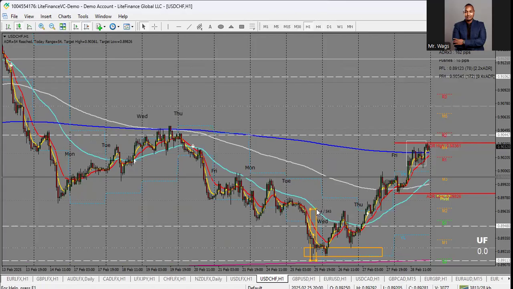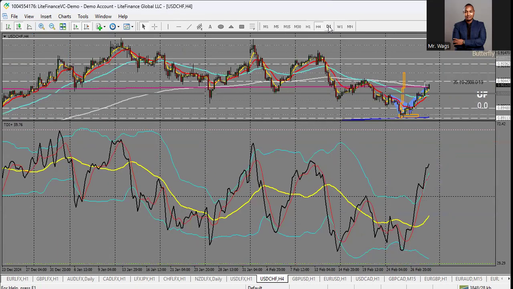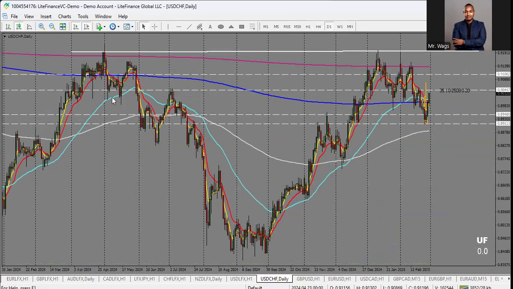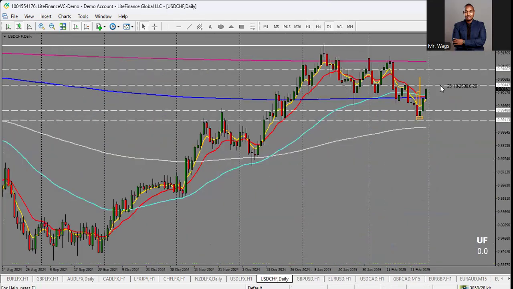So the area is 54. So this one we have a 54 area times 3. Just like EURUSD, but in an inverse proportion way. So if we're expecting EURUSD to sell, then USDCHF should buy.